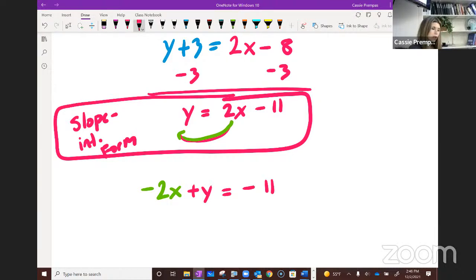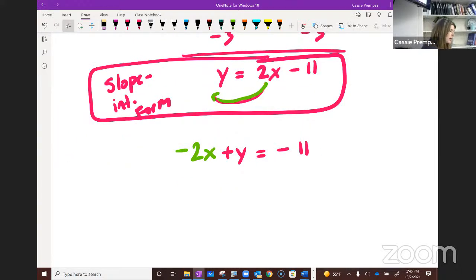Is that good for standard form? No. What has to happen with the number next to the x? Has to be positive. Has to be positive. So how am I going to make that -2 positive? Allison? Divide everything by -1, or you could say multiply everything by -1.